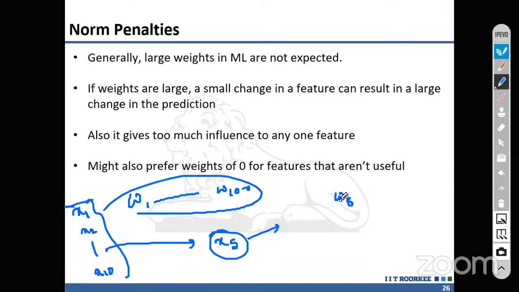It is very much influenced by this X5. With a small change in this feature, this W8 is modified by a large number. Based on a little change in these features, W8 will give you results drastically. W8 will give you 0.8 as the final output, and sometimes with small changes it will give you 0.1. So there is a drastic change based on a small change of this feature.